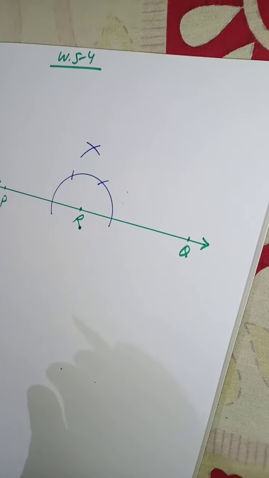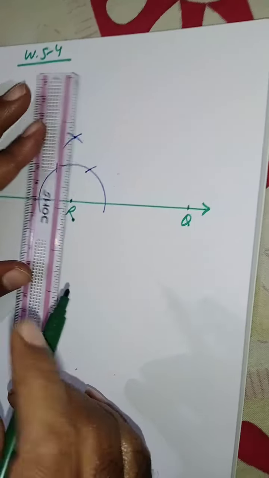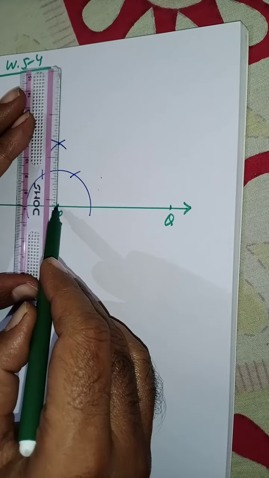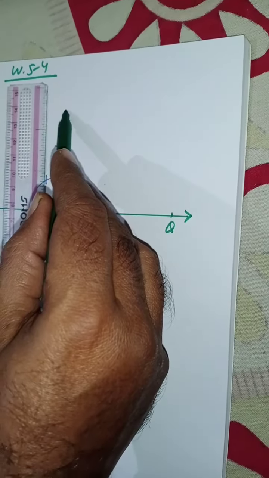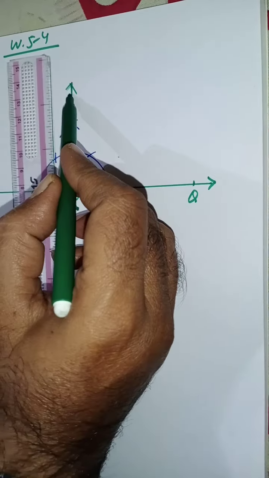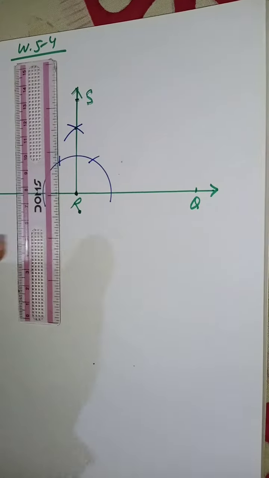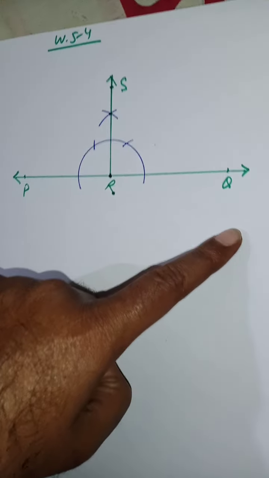We will get this point, and if we join this point here, it is angle of 90 degree. We can give its name S. Here RS is perpendicular on PQ.